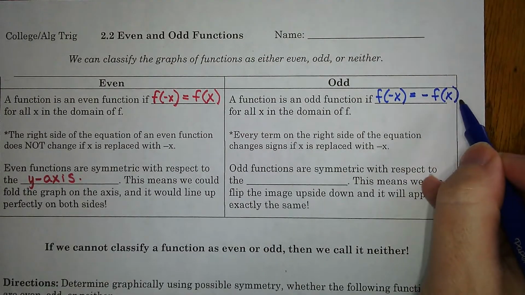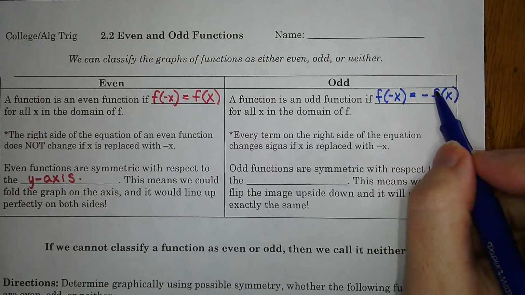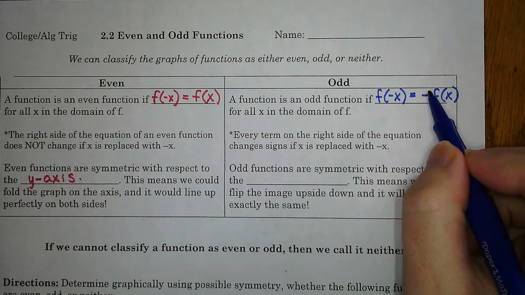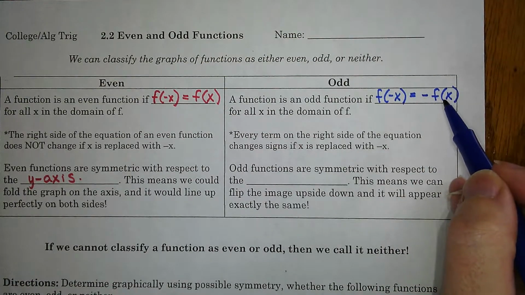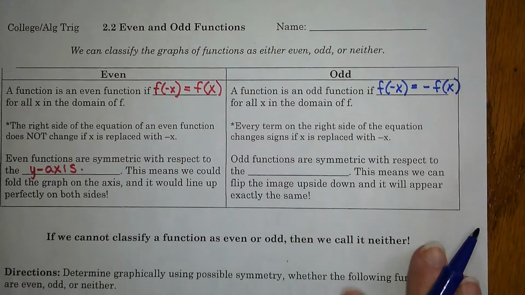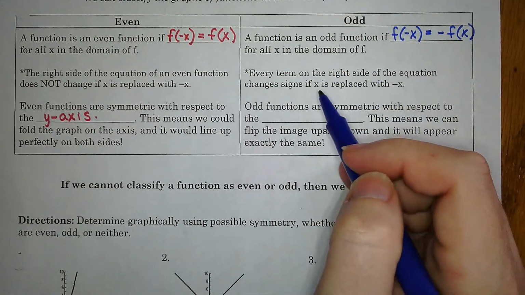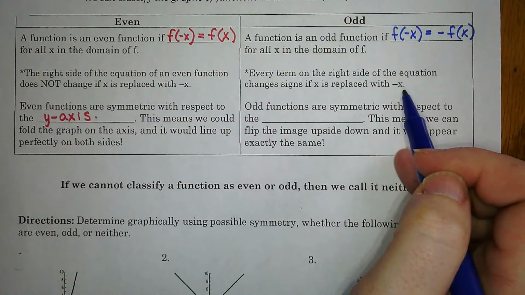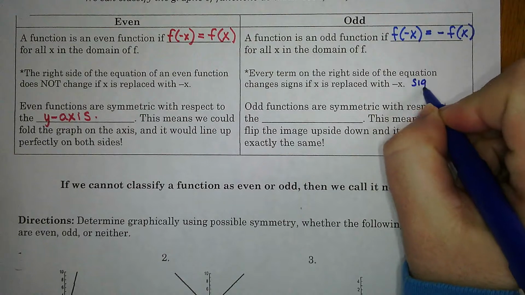So all of my sign values are going to be opposites. When I plug negative x in, my whole function is going to end up being negative when I come out. That means all positives become negative and all negatives become positive. And it says every term on the right side of the equation changes if x is replaced with negative x. So all the signs are opposite. And you can actually write that here.